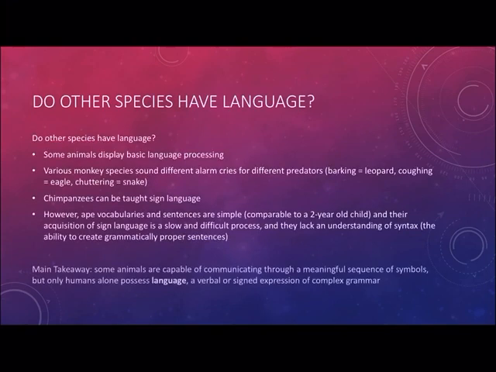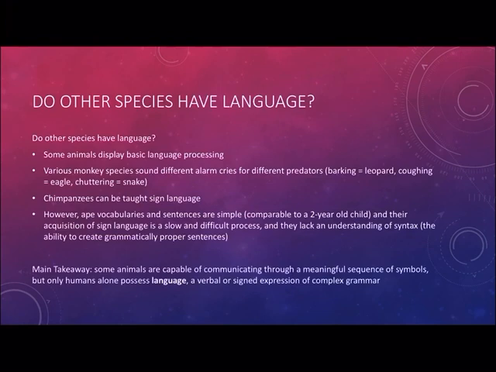Do other species have language? Well, you can read through this yourself, but the main takeaway of this section is some animals are in fact capable of communicating through symbols or sign language, but it is only humans that possess language, which we defined as being verbal, written, or signed expressions of complex grammar.